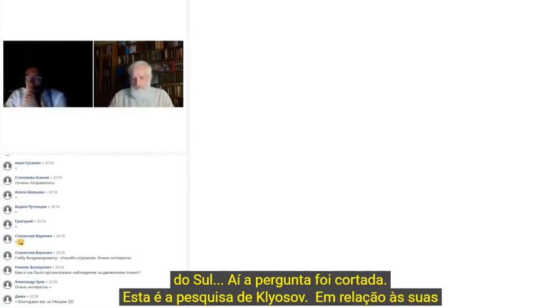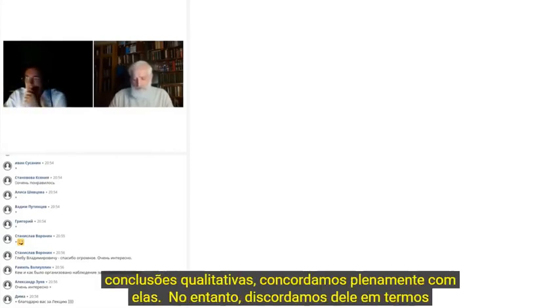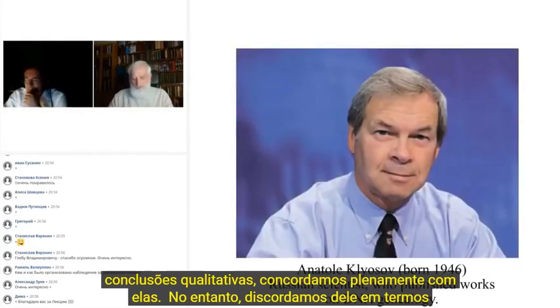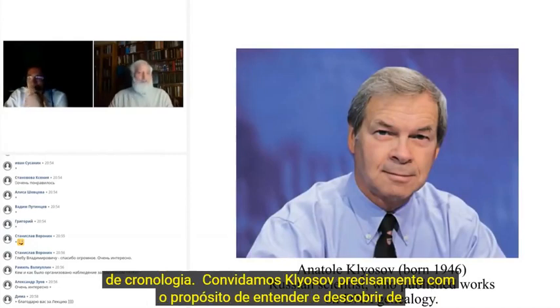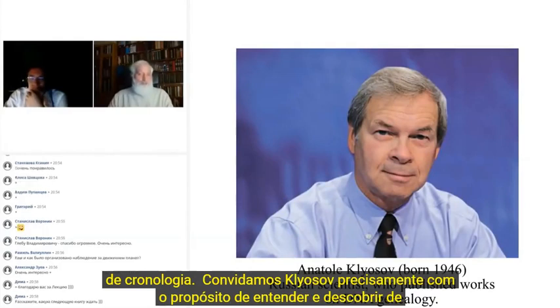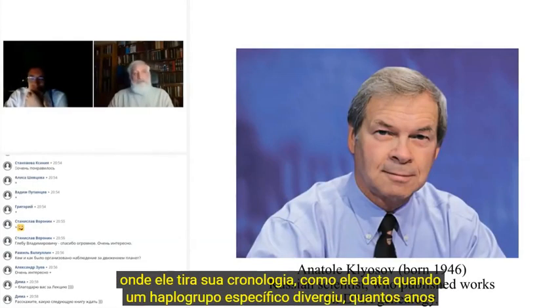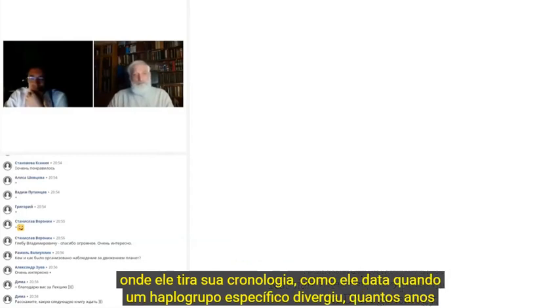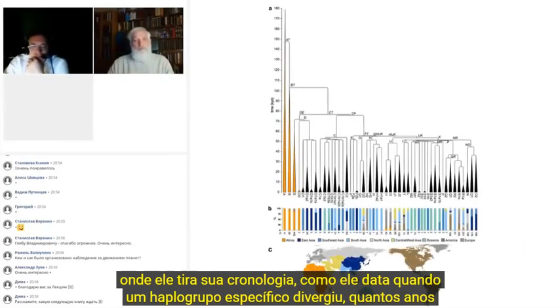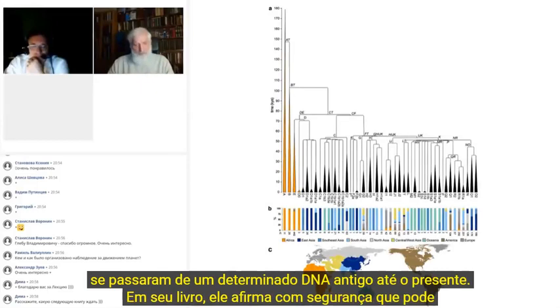This is Klyasov's research. Regarding his qualitative conclusions, we fully agree with them. However, we disagree with him in terms of chronology. We invited Klyasov precisely for the purpose of understanding where he gets his chronology. How he dates when a particular haplogroup diverged. How many years passed from a certain ancient DNA to the present?